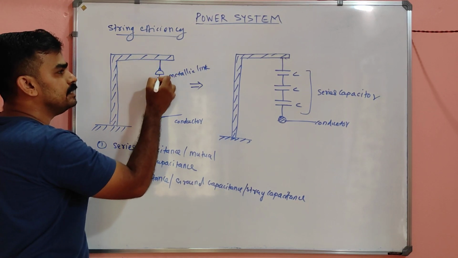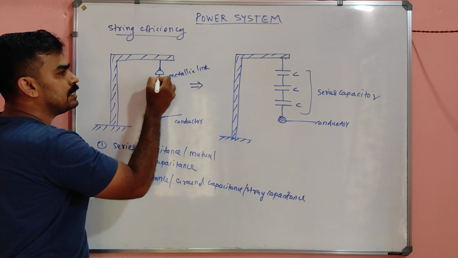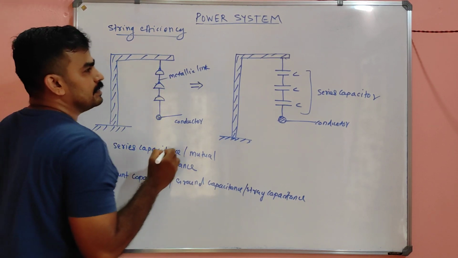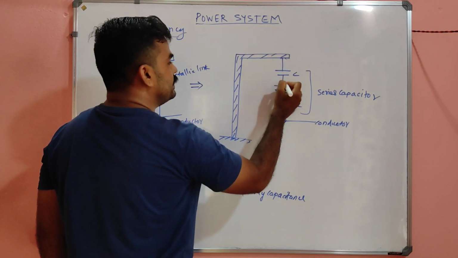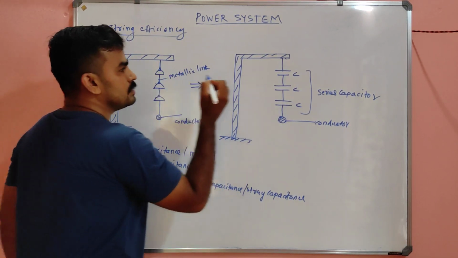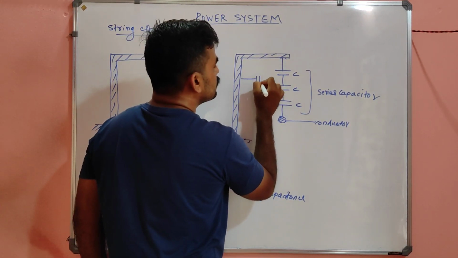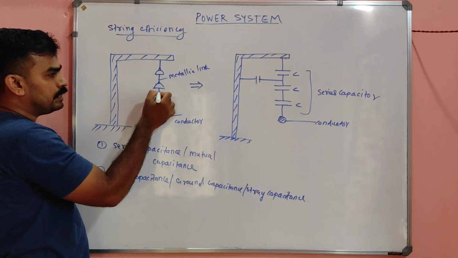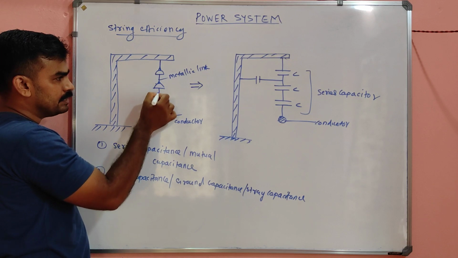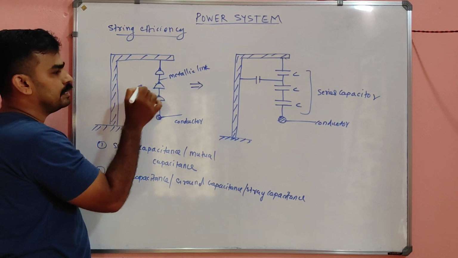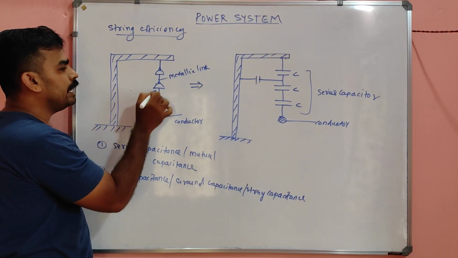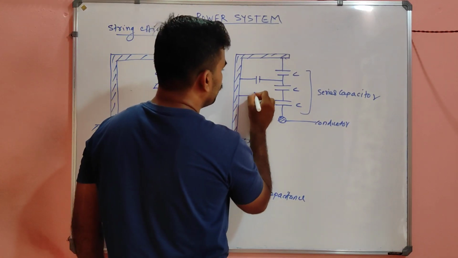So this is a conductor and this is a conductor, and in between there will be a capacitance. After the first disc there may be a capacitance, and after the second disc also there may be a capacitor. This is a conductor, this is a conductor, and in between, air is the insulating medium, so there is also a capacitor.